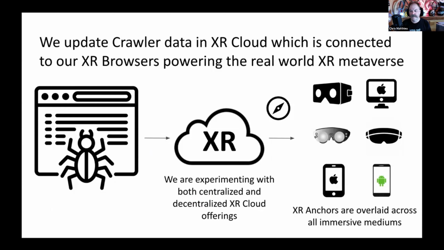So if you update your spatial.json every hour, we'll crawl it, grab your new GLTFs, your new lat longs, or additions to your existing anchors, and add those to the XR cloud for you to make it easier to facilitate growing the spatial web from Web 2.0 to Web 3.0.